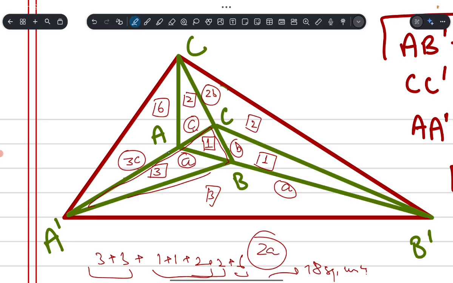C is to 3C is 1 is to 3. So if the area is 1, the area of this triangle is going to be 3. That is what I did here. Exactly like that. In this triangle, you have this common height, right? Now since this area is 1, this is also going to be 1 because the ratio of the bases is the same. Now in this triangle, let me just change the color.